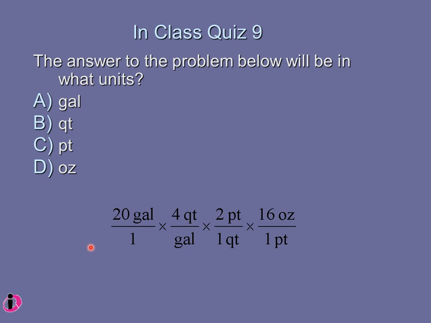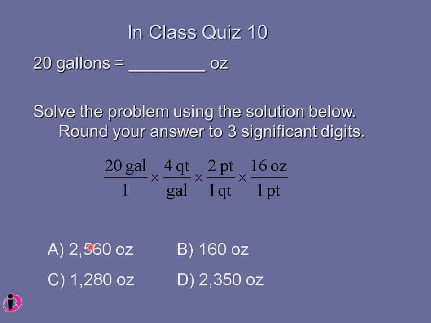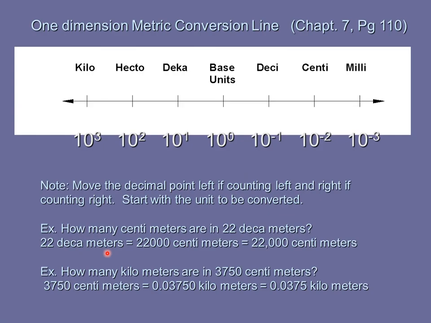The right answer is D. If you do the math, you will be multiplying 20 times 4 times 2 times 16. That will be a big number, right? How much would it be? So the right answer is A, right? 2560 ounce.